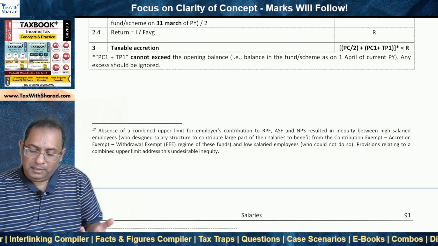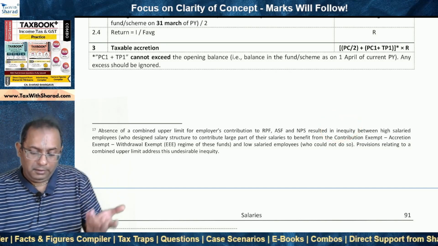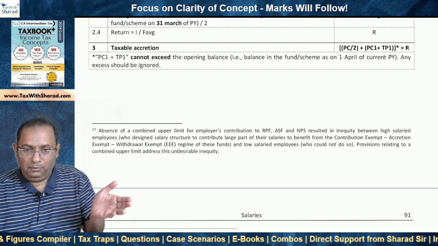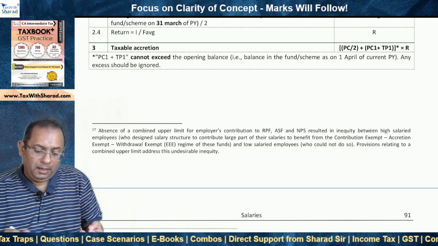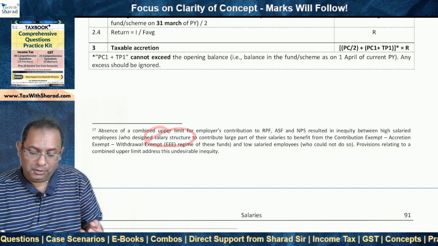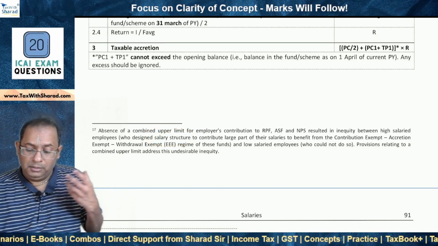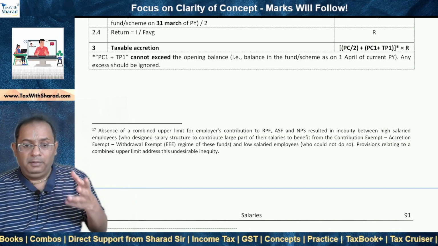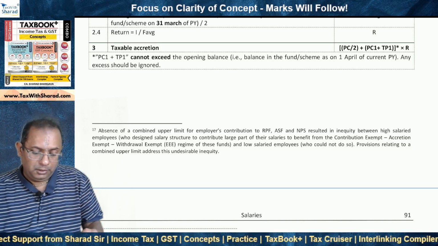Okay, and it basically resulted in inequity between high salaried, high net worth employees and low salaried employees, because high net worth employees were earning a lot of money, and they were able to design their salary structure in a way that they were contributing a large amount of salaries to RPF, to ASF, and to NPS as well.